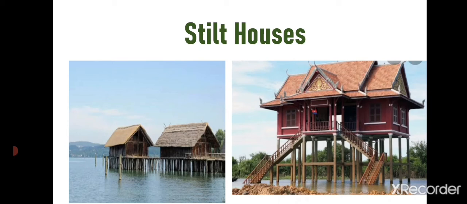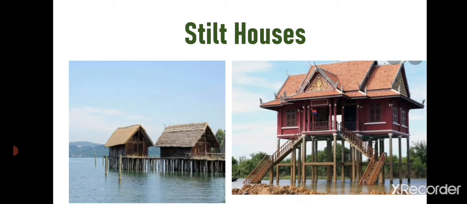Children, in this picture you can see some houses and the houses have been built on poles or stilts. So they are called stilt houses. These types of houses are seen where flood occurs. These houses are made some feet above the ground.